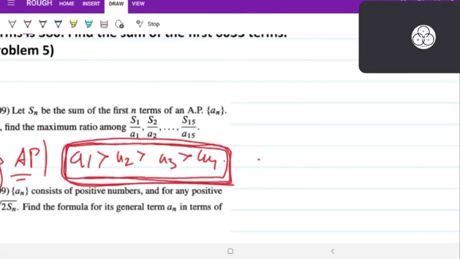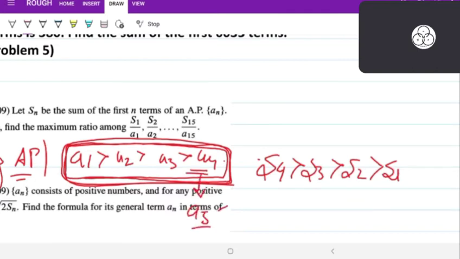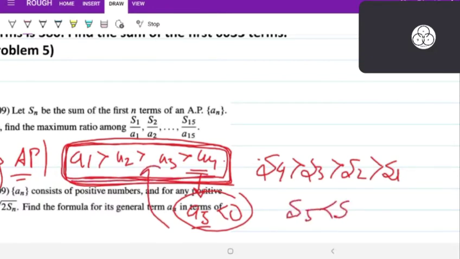Then S4 will be greater than S3, greater than S2, greater than S1, because you are adding positive numbers. But say this is a decreasing AP and A5 is the first negative term. Then adding A5 will reduce the value of S4 rather than increase it, so S5 will be less than S4.